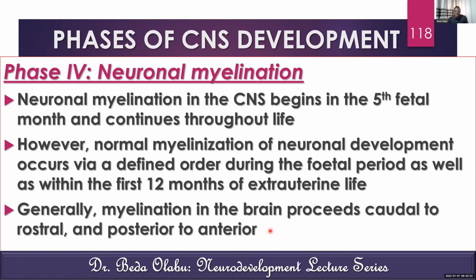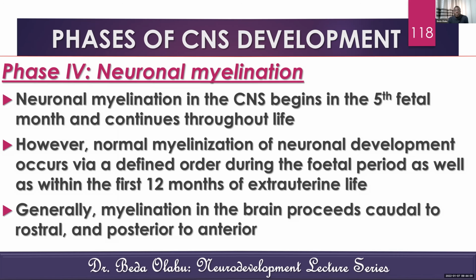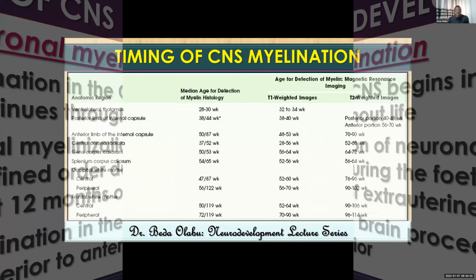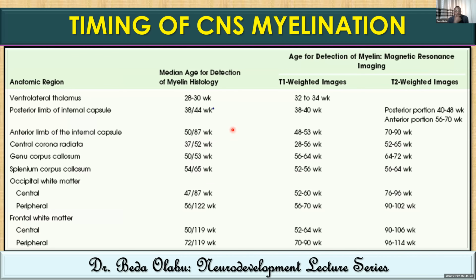That's the general direction of myelination of neurons. This slide is not really for remembering actively, but just highlighting for us that concept that not all neurons are myelinated at the same time.